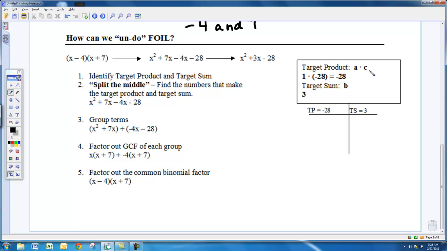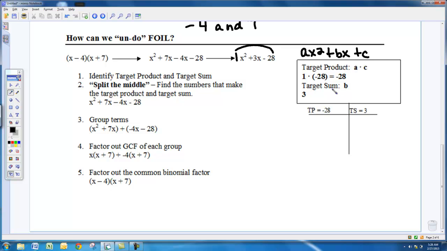The target product is always going to be found by multiplying A times C. We're going to call the coefficient in front of x squared A, and the number without a variable is C. So to find the target product, we're going to multiply A times C. So 1 times -28 gives us -28.